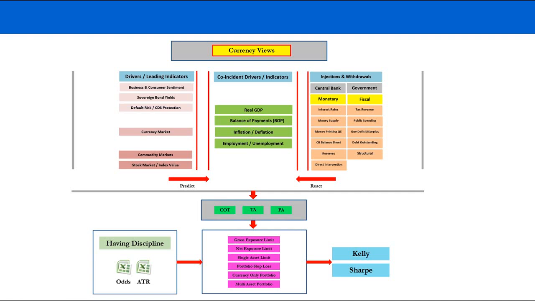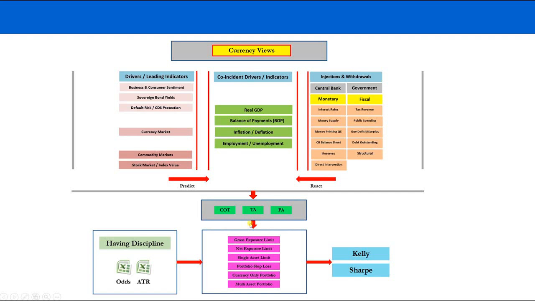Now, if we make the assumption here that we've generated a whole bunch of ideas that are to become potential trades, so a whole bunch of currency pair ideas to go long or short, we've been through the gatekeeping process and we now think that everything lines up in terms of our fundamental idea plus our timing to get into the trade.